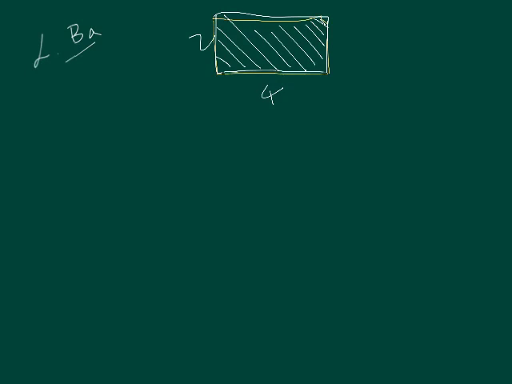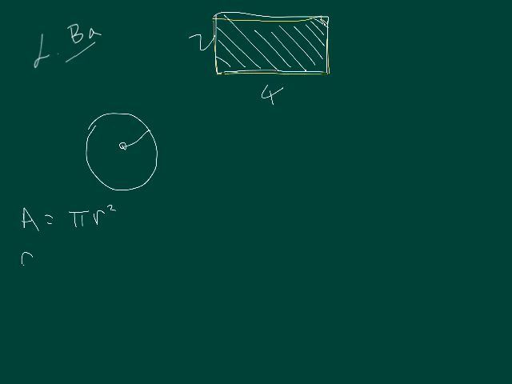But when we're talking about a circle, because we don't have a length and a width, it's a little bit different. The area of a circle is going to be pi r squared. So that's the area of a circle.